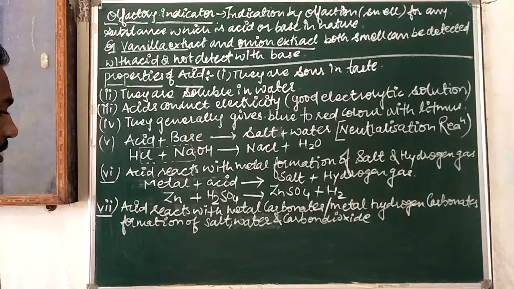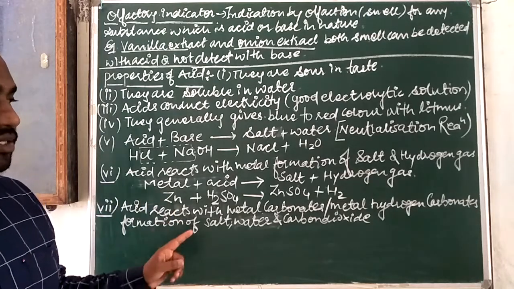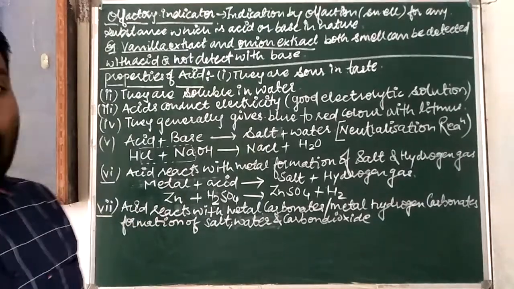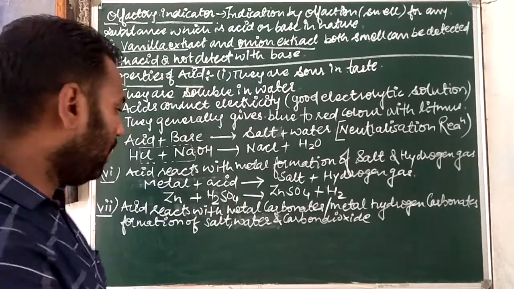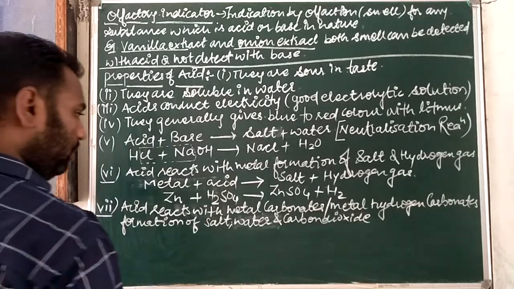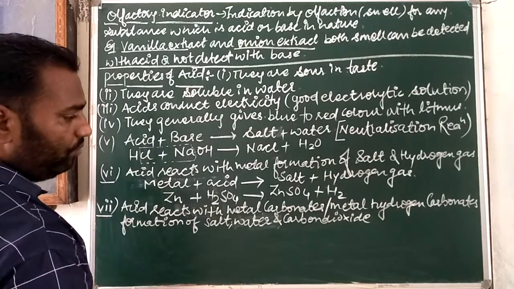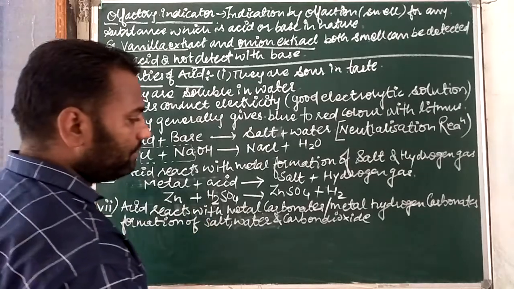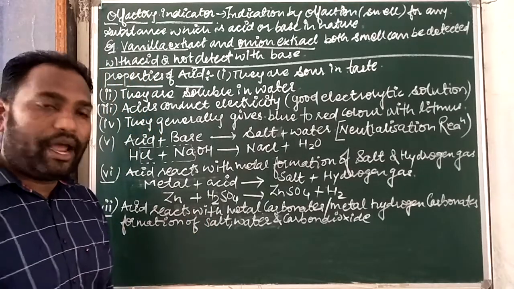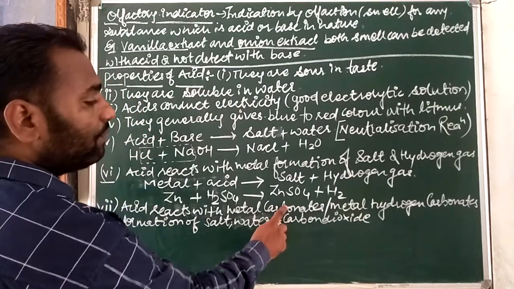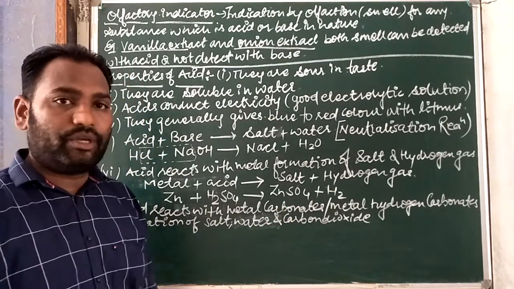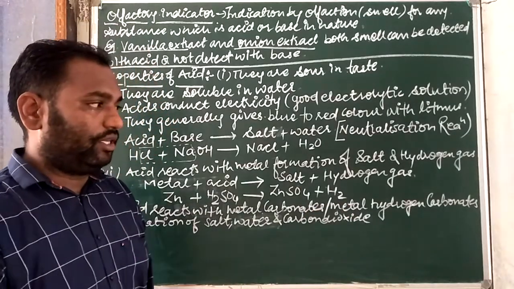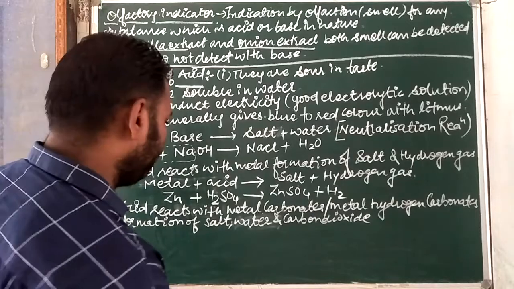So when acid reacts with metal carbonates or metal hydrogen carbonates, there is always formation of salt, water and carbon dioxide. We can select any metals here, but first we have to see the formula of metal carbonates and metal hydrogen carbonates. Metal carbonate is Na2CO3, sodium carbonate, and metal hydrogen carbonate is NaHCO3.